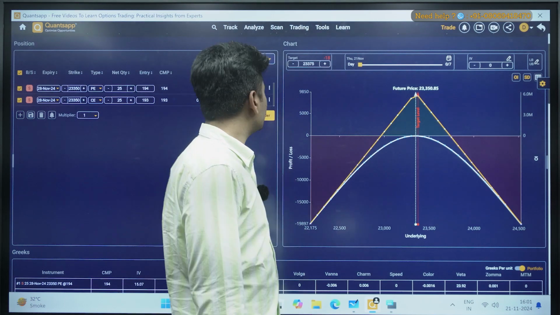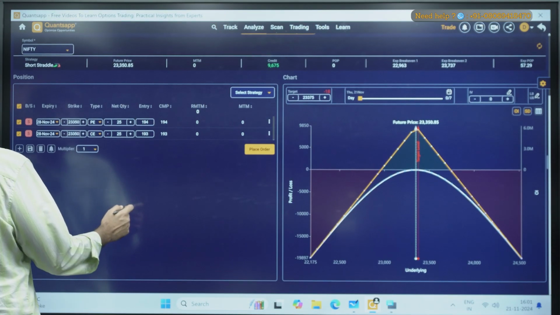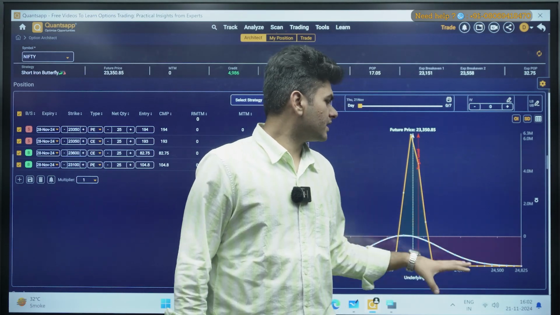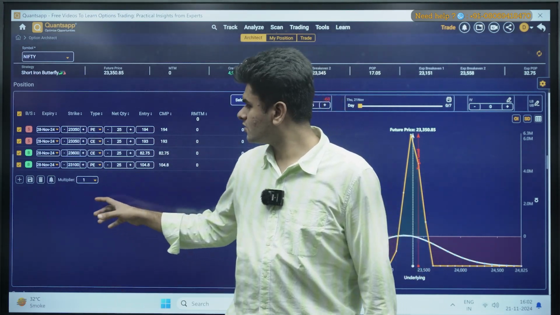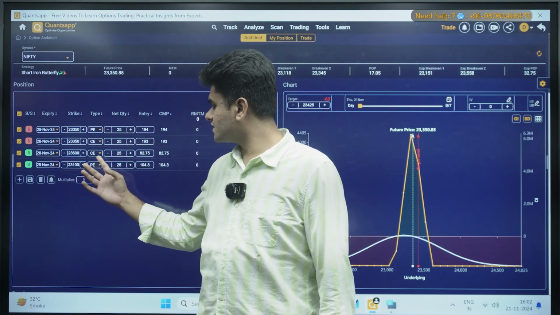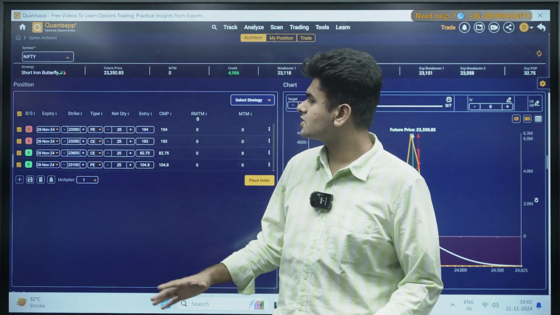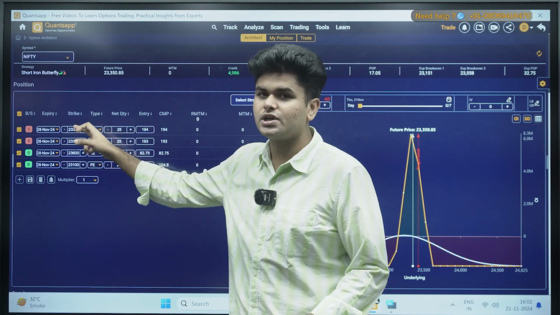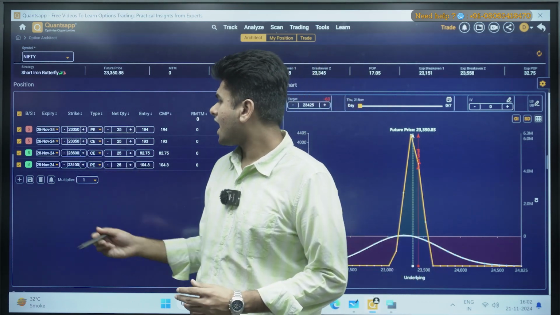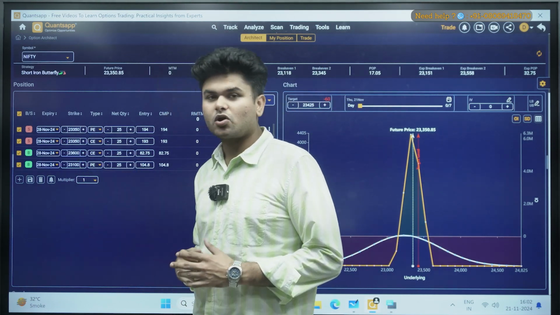How? As I said, you need to go on the OTM legs. As you can see, I have added two more legs. Now I have bought C and P. Initially we had sold the at the money levels, and now we have bought OTM call and put.